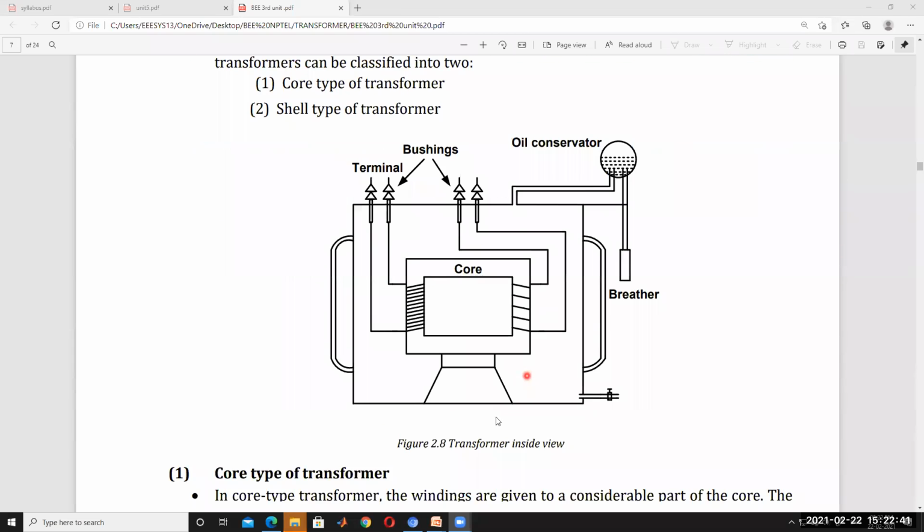So this is the general inside view of a transformer. This is called the tank, the outside visible part. This tank is completely filled with oil.